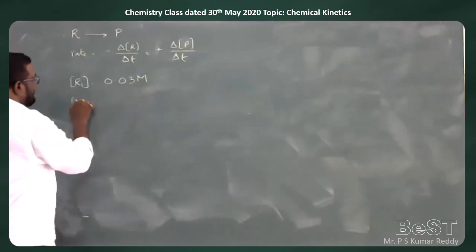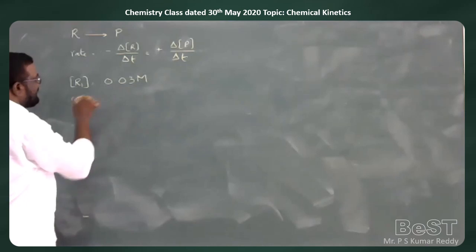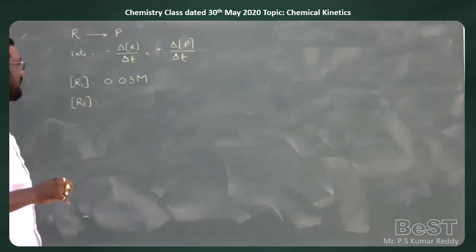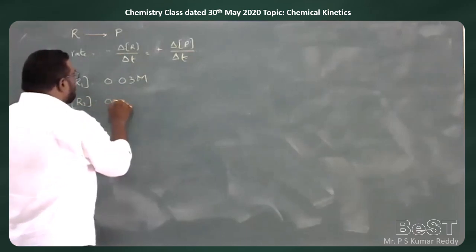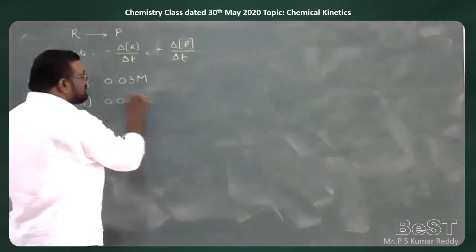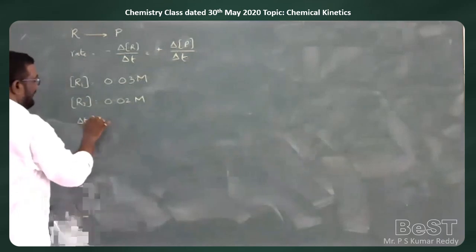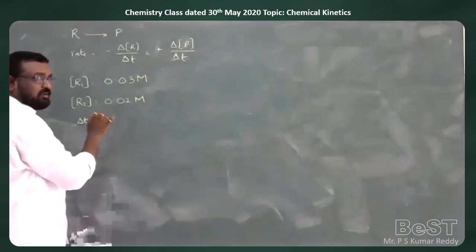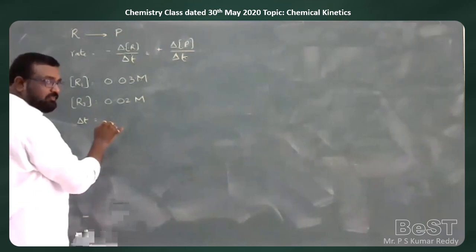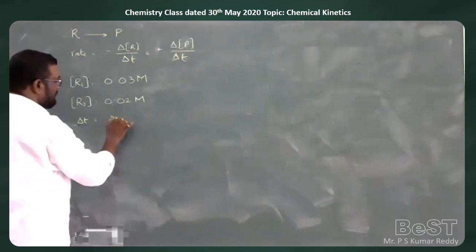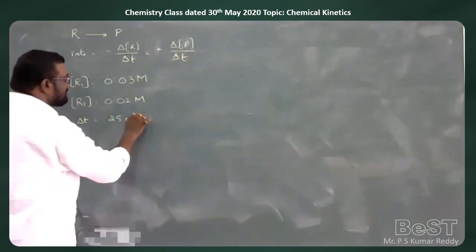The reactant concentration of 0.03 molar is converted into 0.02 molar in time 25 minutes. How much? In 25 minutes.